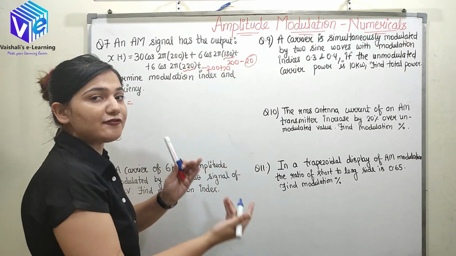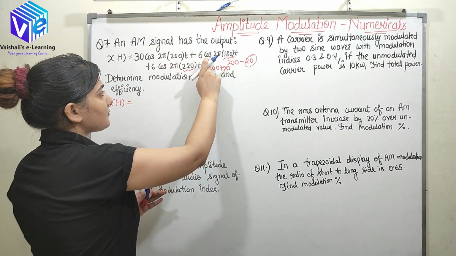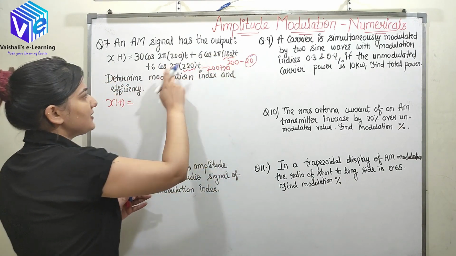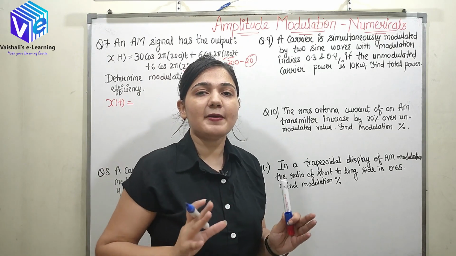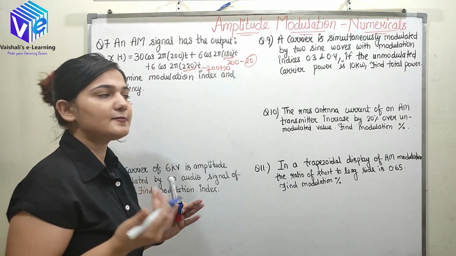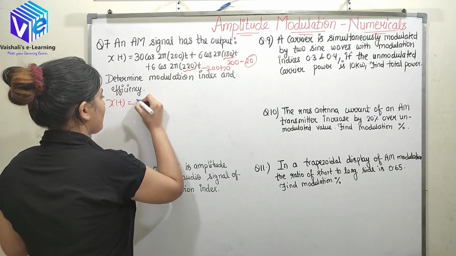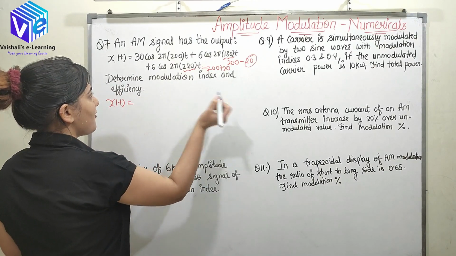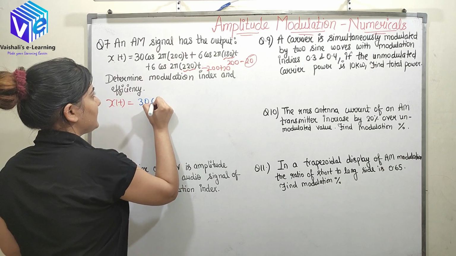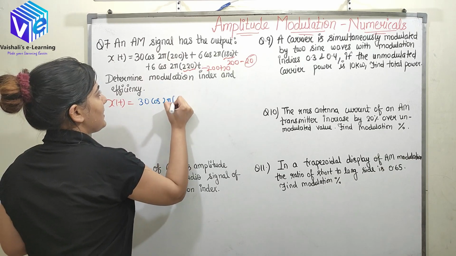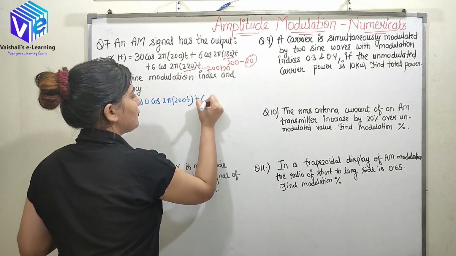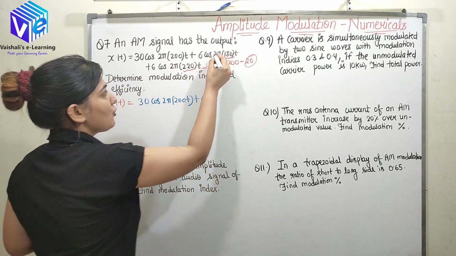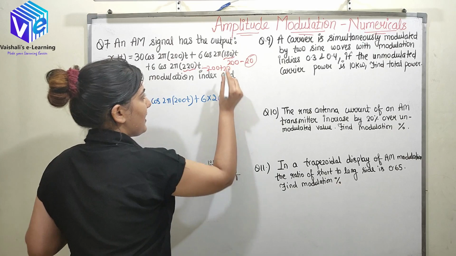Now if I have to come back, this is cos of A minus B, this is cos of A plus B. I can represent cos of A minus B plus cos of A plus B as 2 cos A into cos B. So here 30 cos 2 pi into 200t plus, the amplitude was 6 into 2 of cos A. What is A?